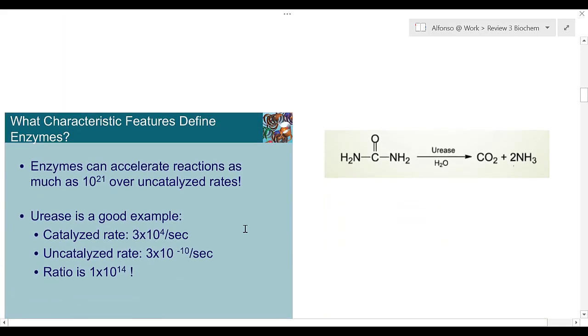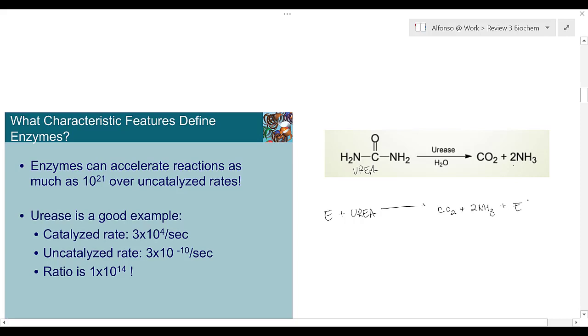Okay, so enzymes. This is an example of an enzyme, urease, right here. As you can see, urease binds with urea, which is this molecule right here. So enzyme plus urea, and what it does is it turns urea into CO2 and ammonia, and at the very end it releases the enzyme.